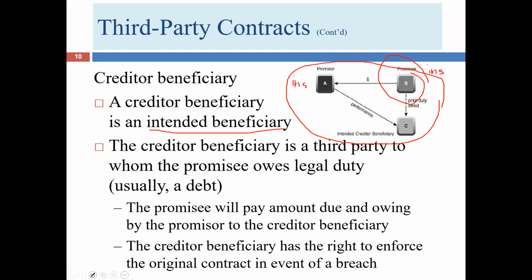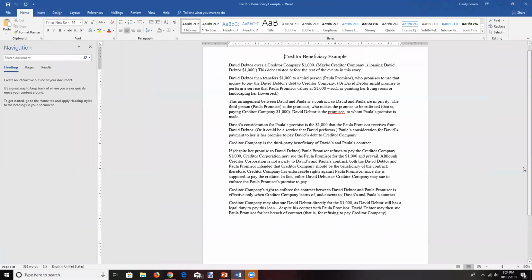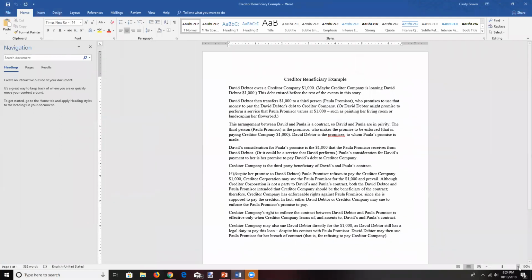I'm going to pause here and we're going to keep this image in your mind. We're going to fill in some more details so we go through an actual scenario with this triangle. Here we go. So this is also in the module that we've been working with.